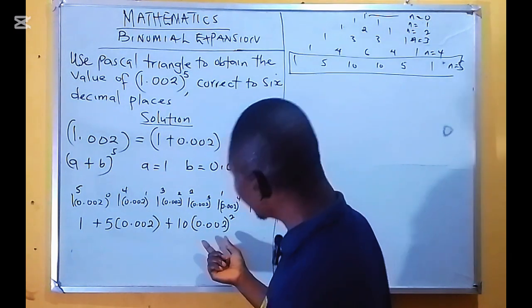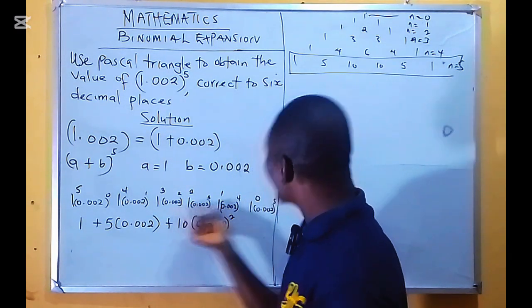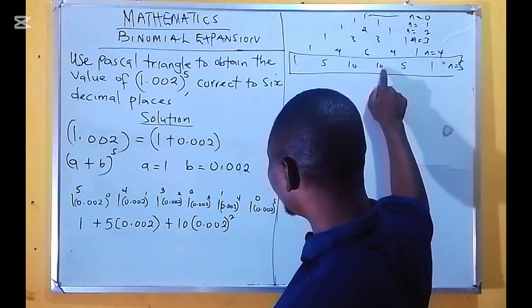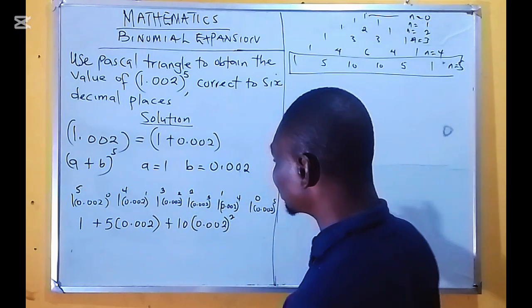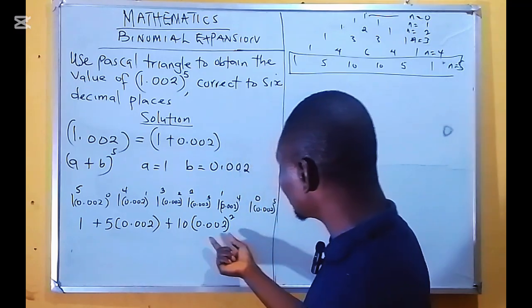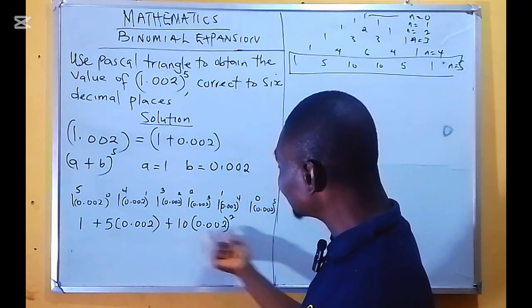So I think we keep on multiplying 10 times 1 raised to power 2 and so on and so forth. But it is very important for us to stop here, because if I multiply this, let's multiply.